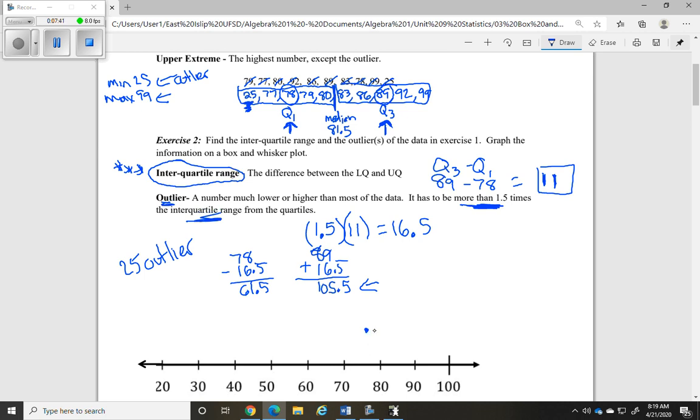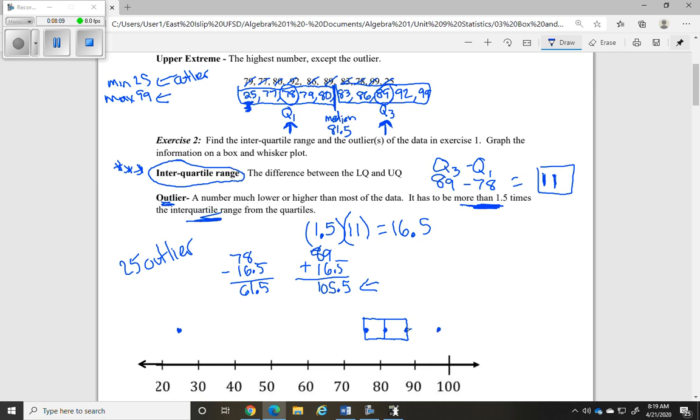78, 81.5, and 89 give me my box. I'm going to plot the lowest number and the highest number.